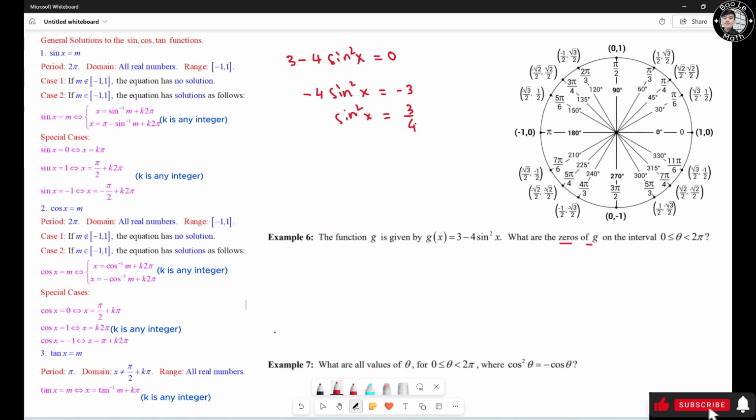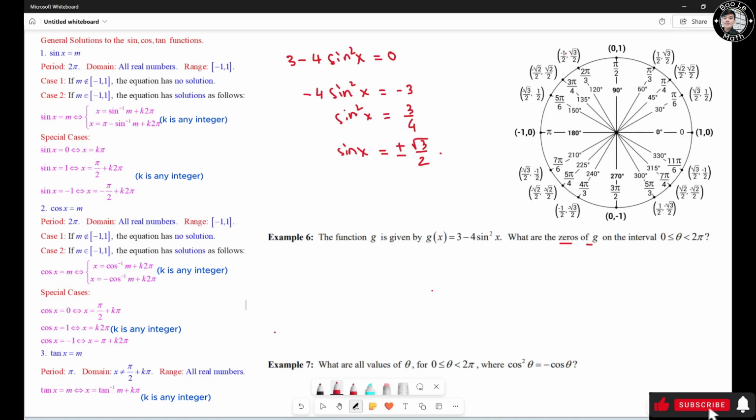Now take the square root of both sides, so sine s equals plus and minus root 3 over 2. Now I just look at the unit circle and find the y value on the coordinate points that equals root 3 over 2 and negative root 3 over 2.